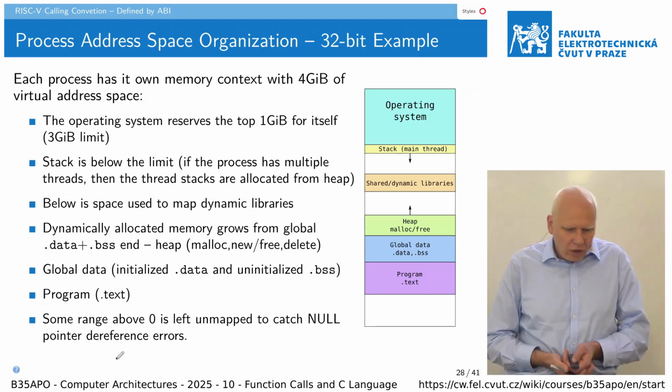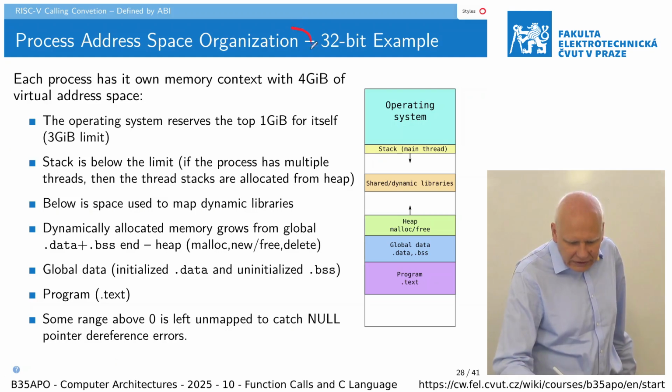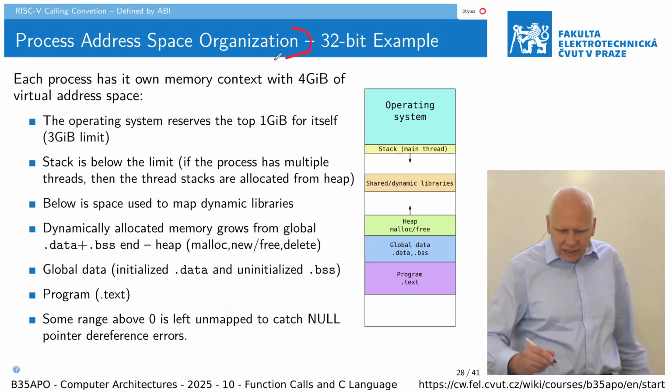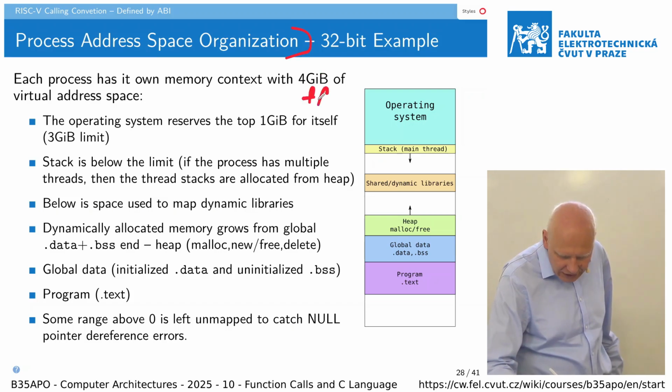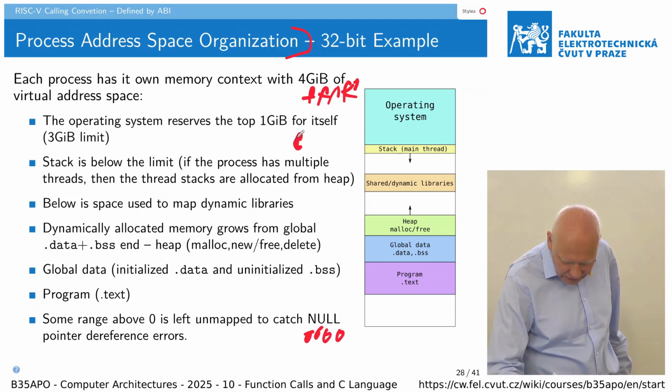Okay, if you look at the whole process address space organization, then in the case of a 32-bit system, we have there FFFFFFFF, there is a 00000000, and there will be something like C0000000 and BFFFFFFF and so on.